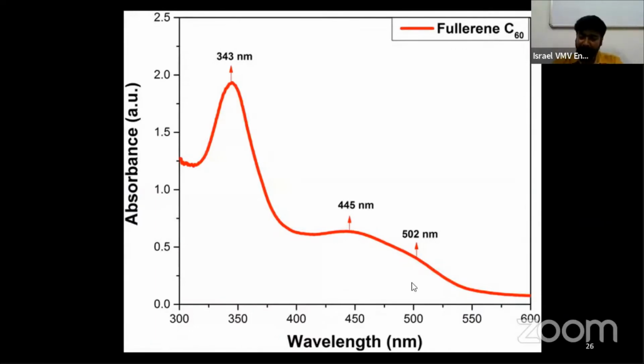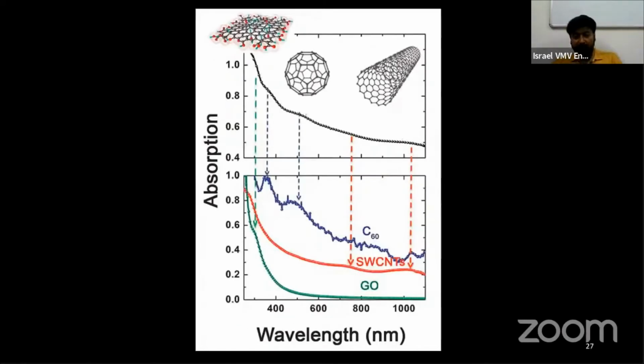How will you explain the absorption of this? You cannot explain the absorption based on the pi bond, sigma bond, or anything else. These are all conventional ways of explaining. And how to explain the transition, absorption in this molecule? So we have to look at this molecule in a modern way, different from the explanation you offer in conventional science. Look at the absorption of fullerene and the absorption of carbon nanotube.